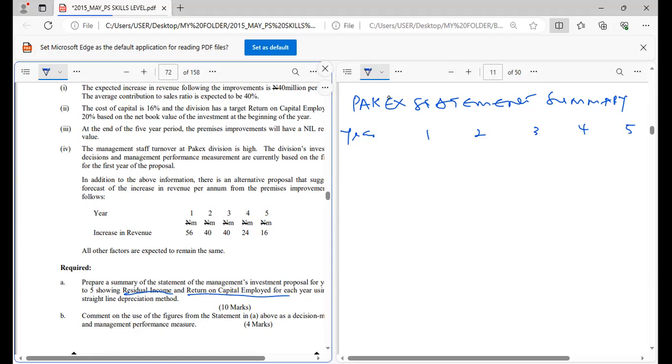So what are the components you need to be able to get your residual income and return on capital employed? Our net profit. We need the capital employed, and we need to know the cost of capital.